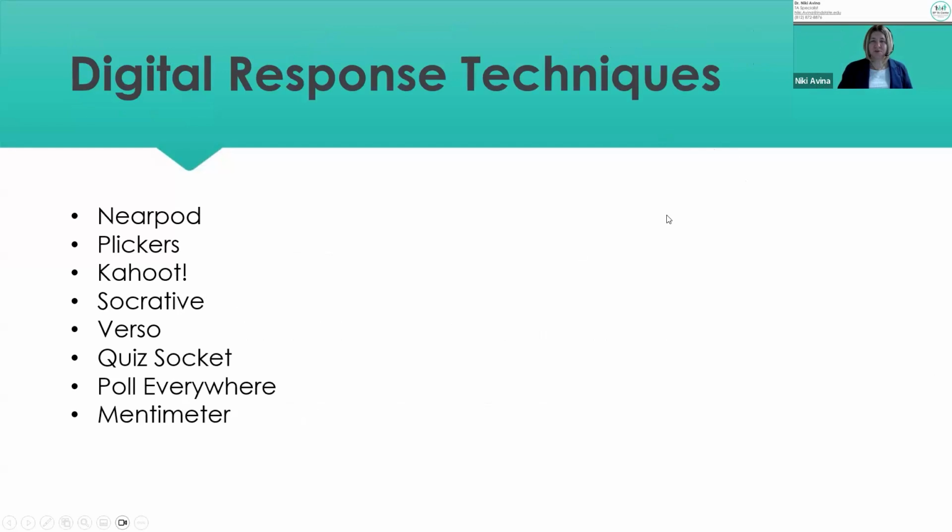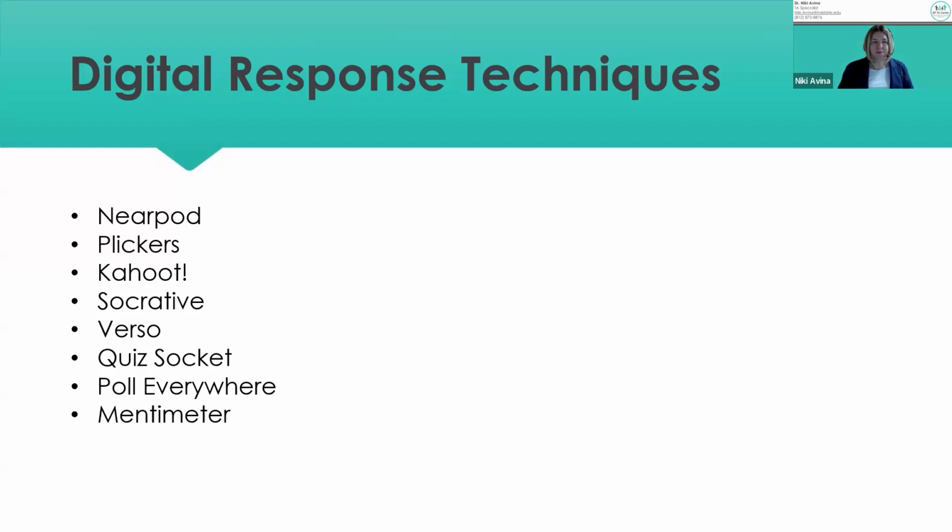And there's also some digital response techniques. There are some great ones. Plickers is a great one. Nearpod gives you the opportunity to engage with the content and with your students in a unique way. There's also responders like Kahoot or Blooket, depending on which one, and there's several others like that. These are some great ones on the screen that you see. Things like Quizizz or Mentimeter.